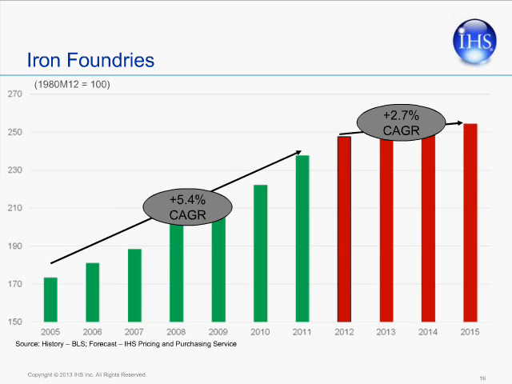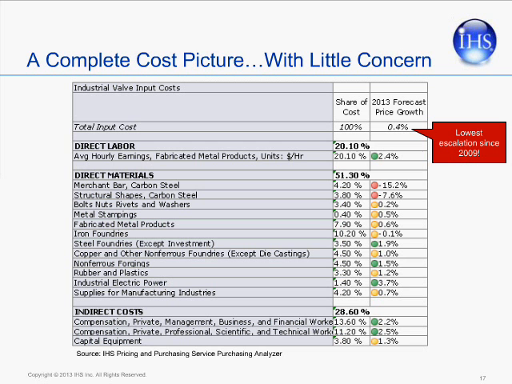There's a substantial difference between a 5% growth rate and a 2.7% growth rate, and that can mean a lot once you see how it filters through to a large purchase. So in the foundry space, this kink in our forecast is going to represent a really great opportunity to negotiate.